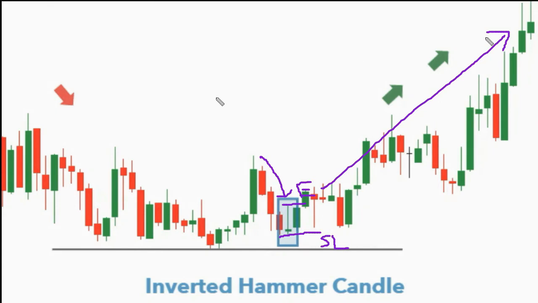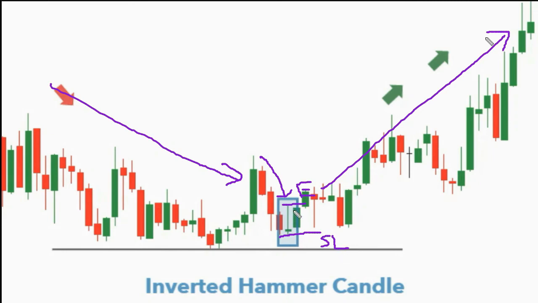The trading psychology of the inverted hammer candle is, after the downtrend, the sellers are trying to push the price down, and in the inverted hammer they again push the price down, but this is also a sign of weakness and a climax of sellers, because the market has already fallen so much, so it is possible that buyers can take entry and dominate the sellers.